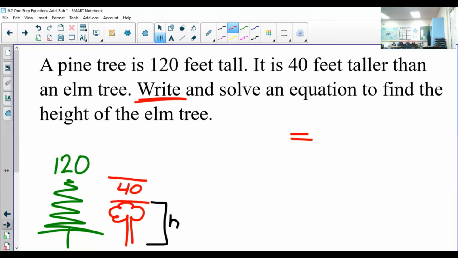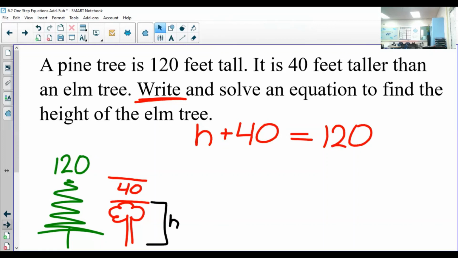If we combine the h and the 40, what is that going to equal? 120. So let's put the 120 on the answer side. And then over here, if we're combining h and 40, well, combine means to add, so that's just h plus 40 equals 120. That's my equation to figure that out.